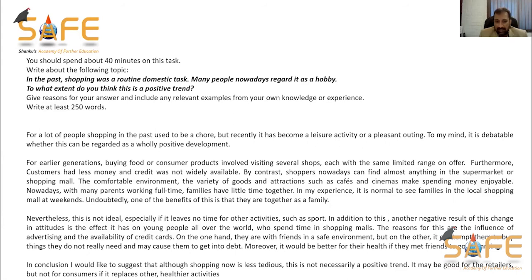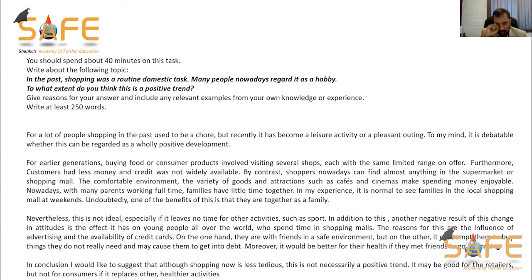So for earlier generations, buying food or consumer products involved visiting several shops, each with the same limited range on offer. So in the past, as we know, if we learn from our parents and grandparents, the variety was less. The number of people selling these things were less, and people usually went to the same places to buy their food or consumer products.